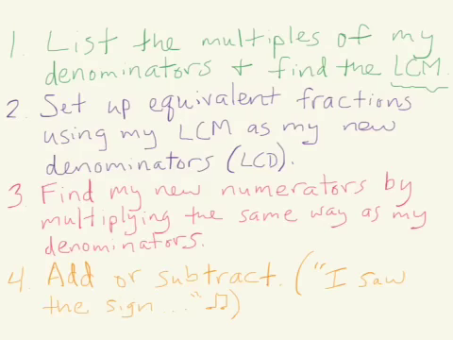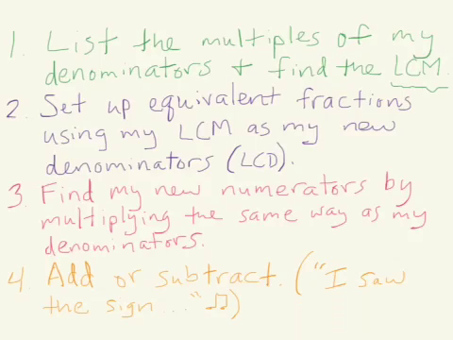And last but not least, don't forget the whole point of the problem, to add or subtract. You wouldn't believe how many 5th graders I get that go through all the trouble of finding the multiples and finding the least common multiple and making the new equivalent fractions, and then they say, cool, I'm done. Well, no, you're not. You still need to do the problem, which is either adding or subtracting.